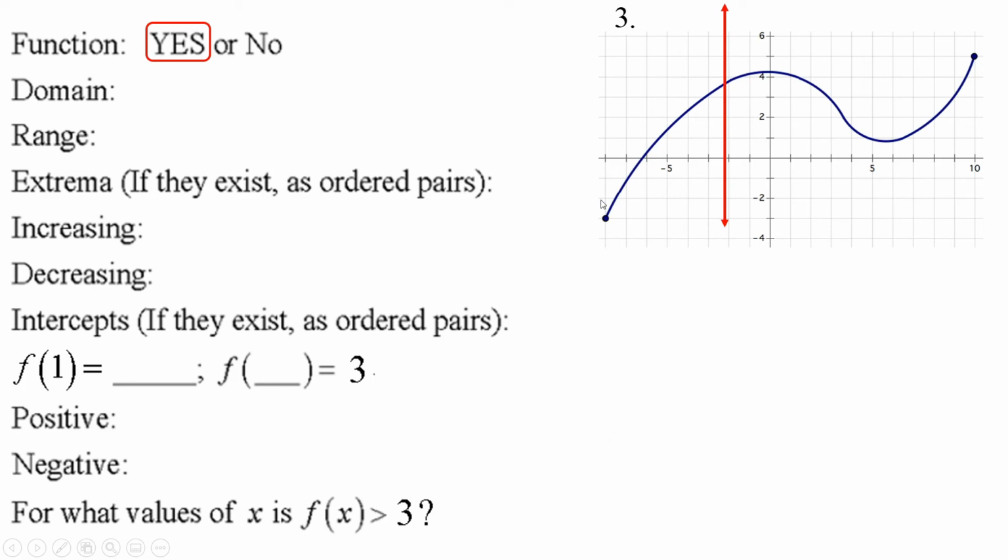My left endpoint would be that -8, and my right endpoint would go all the way over here to x equals 10. Looks like I projected again onto the x-axis, and also note my endpoints are solid dots, so I'm going to go bracket, bracket, and my left endpoint is a -8, and my right endpoint is a +10.